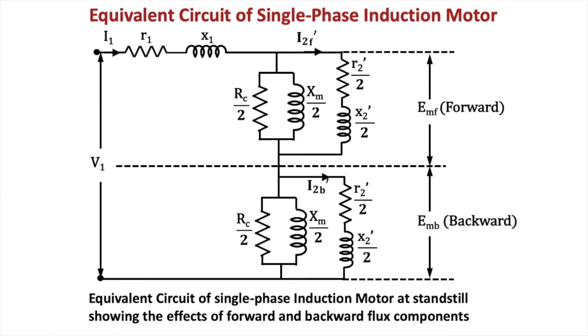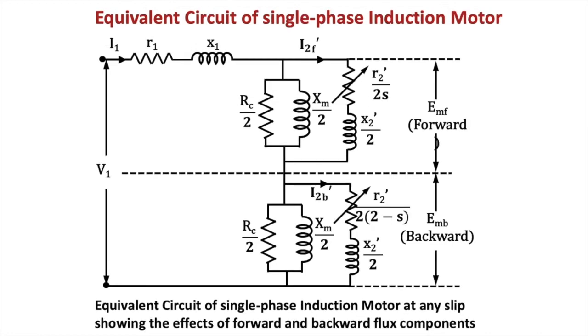Hence the forward parameter quantities are the same as the backward resistance, reactance and the other components of the rotor. The stator resistance and reactance is the same as before because there is no change on the stator side. Hence this is the equivalent circuit of the single phase induction motor at standstill.